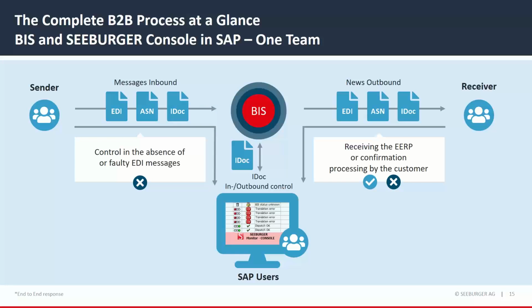This is a big picture of how it looks. The console is installed in the subsystem like a normal transport, and then it will be connected to our SEEBURGER BIS. You can use it without BIS as well. Sure, maybe you get iDocs from other SAP systems, no problem.